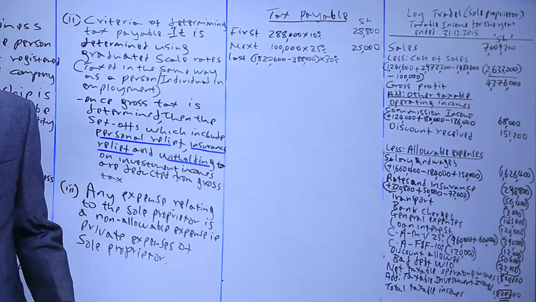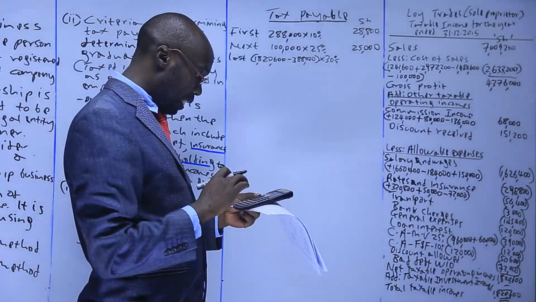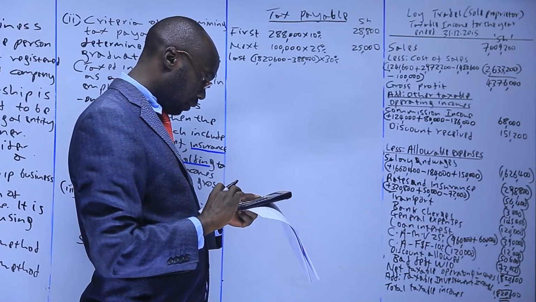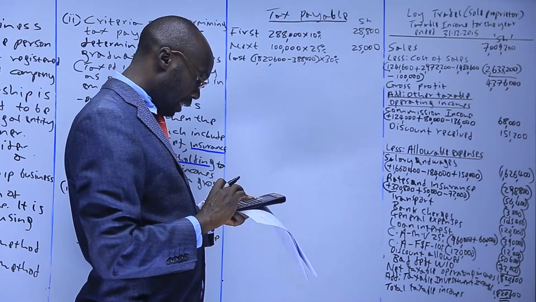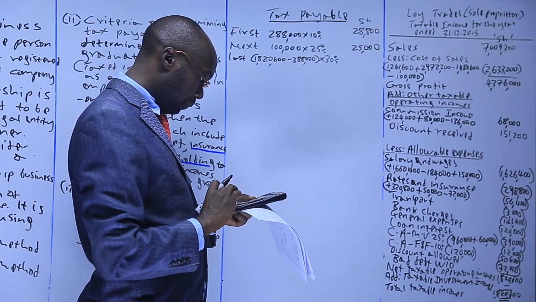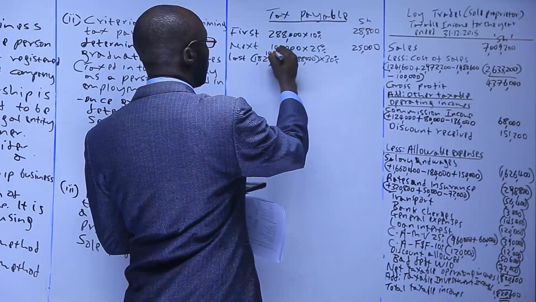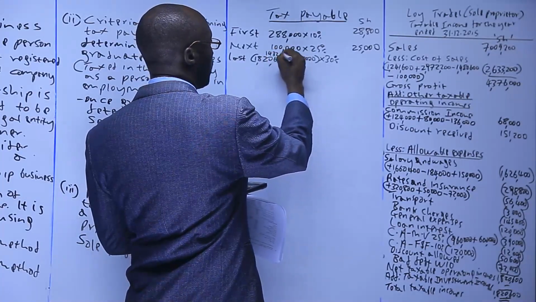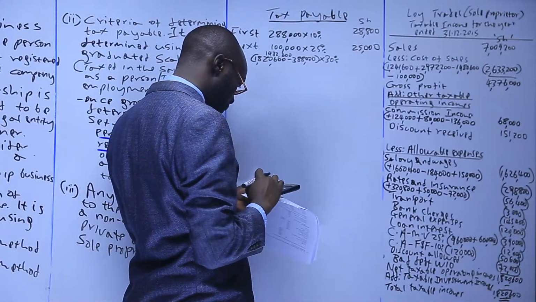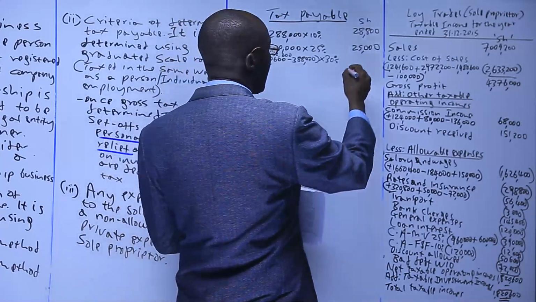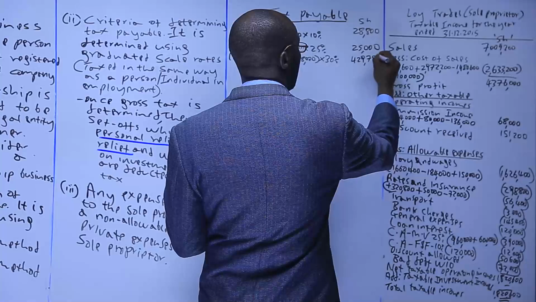The excess now. So let us get the excess first, which would be 1,820,600 minus 388,000 gives you 1,432,600. Then times 30%, which gives you 429,780.